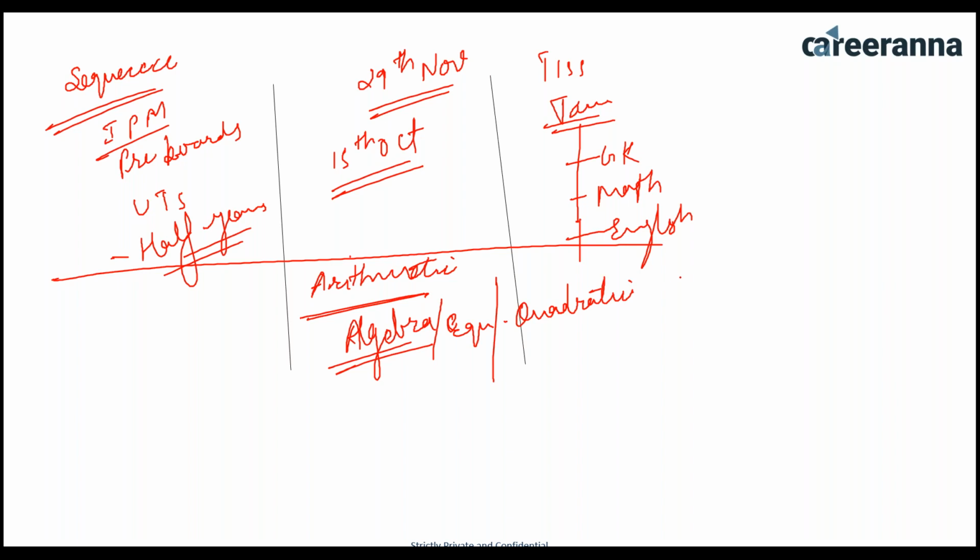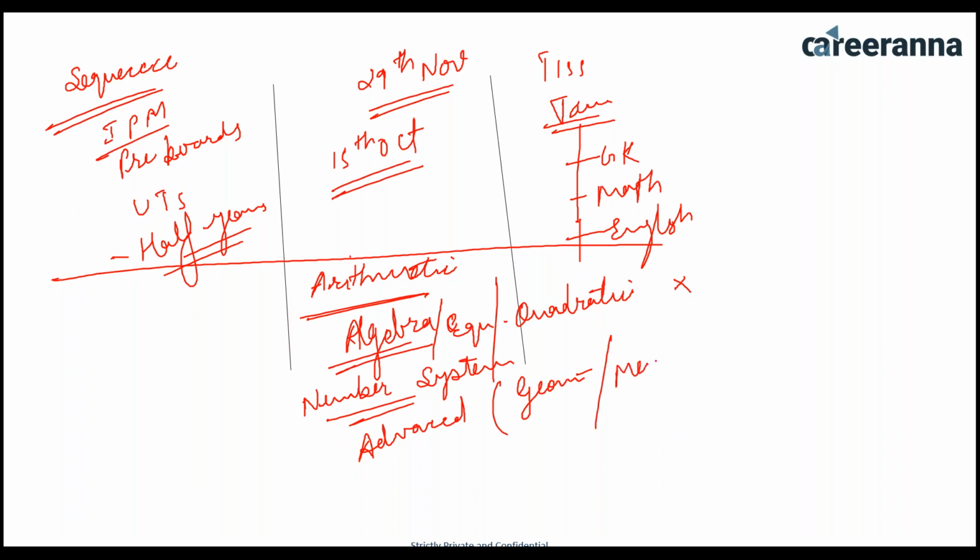If it does not come in your exam, you can skip. And if it does, you have to do it. This is my preferred sequence. And then number system. Guys, keep yourself muted. And then advanced mathematics. What is advanced? Geometry, enunciation.